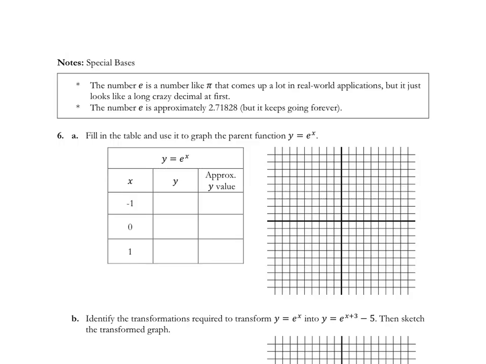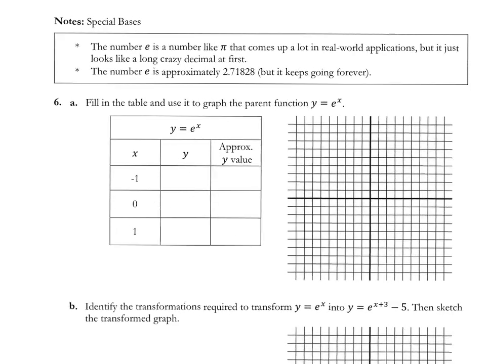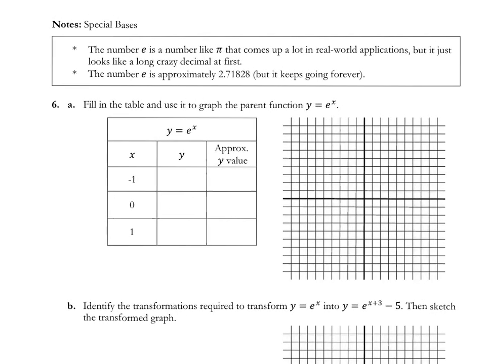So the next thing that we have to talk about is doing this when the base is a special number. There's a special base called e, and e is a number sort of like pi that comes up in a lot of real-world applications, especially in science, but it just sort of looks like a long, crazy decimal.